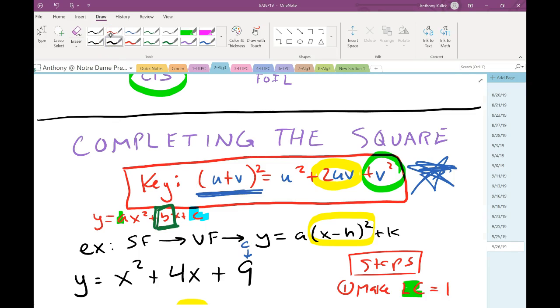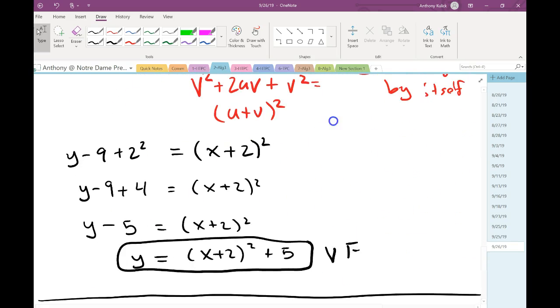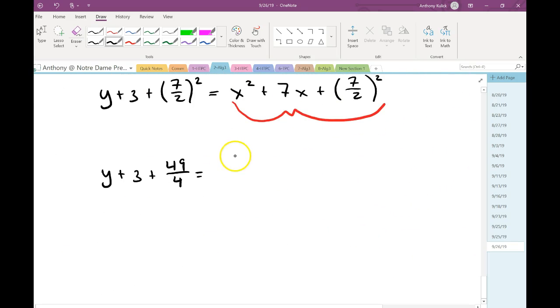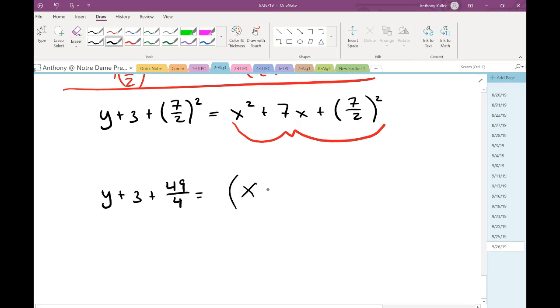It's going to factor like this. So my u is just x, and my v is b over 2.